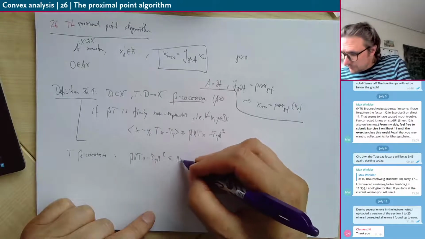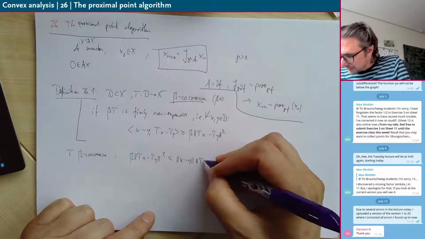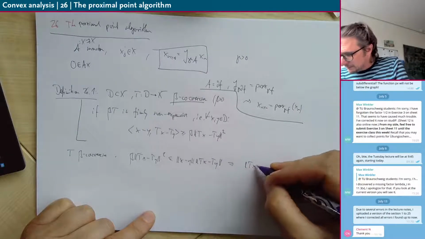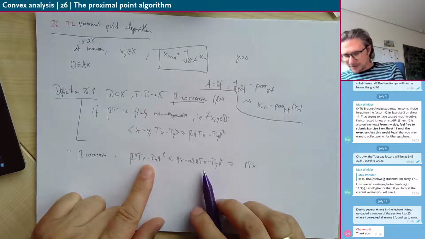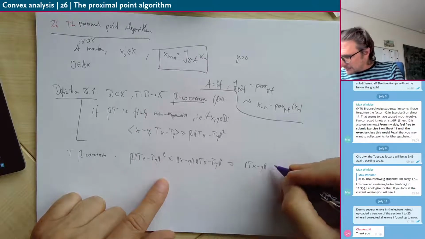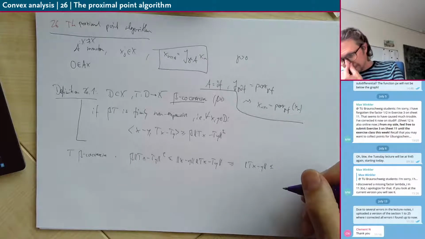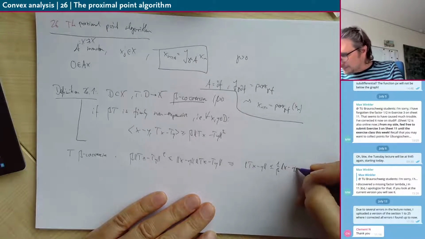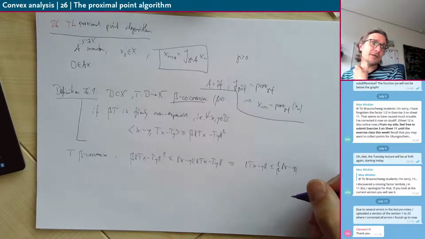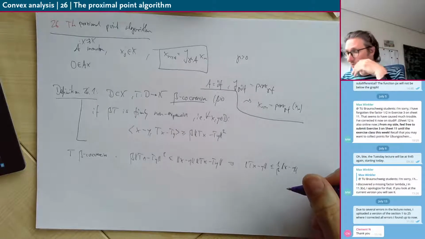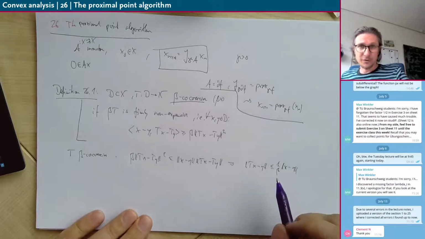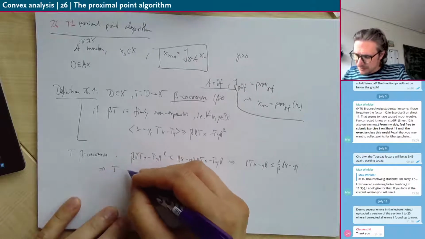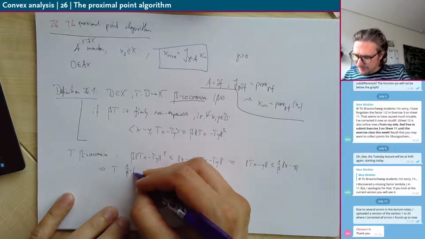And then of course you could apply Cauchy-Schwarz, and you will see that you can now divide by ||Tx - Ty||, so that this norm here is smaller or equal than 1 over beta times ||x - y||. So if T is beta coercive, it's also Lipschitz with constant 1 over beta. So hence T is 1 over beta Lipschitz.